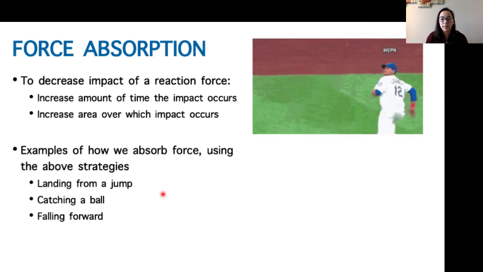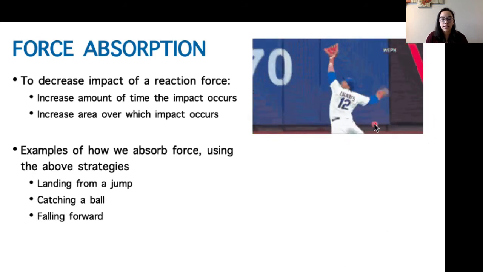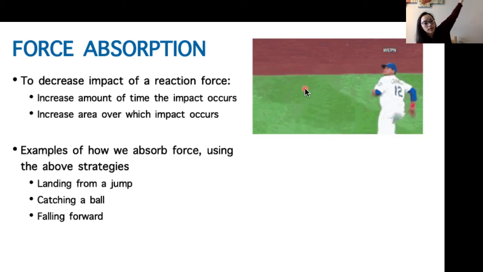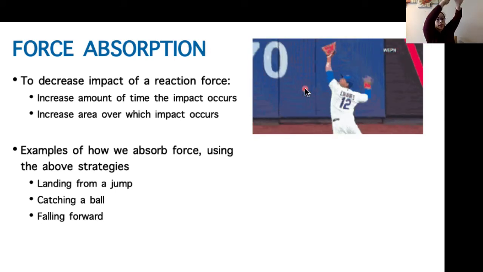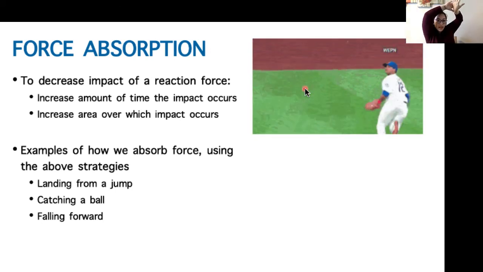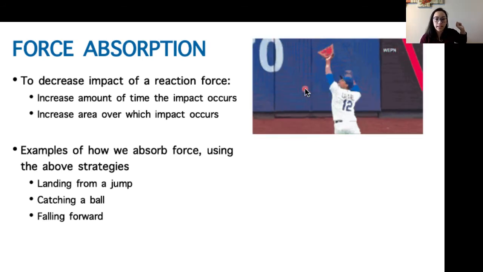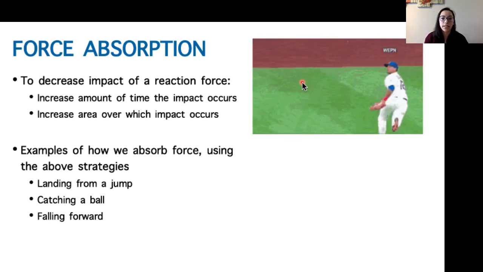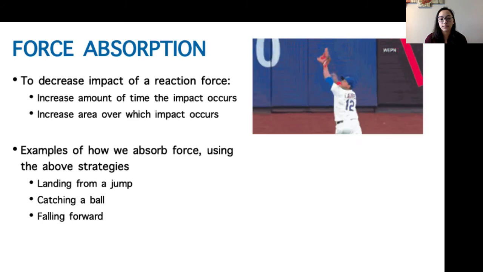We also have an example of catching a ball. She extends the elbow to catch, and as soon as the force gets applied to the glove, we flex the elbow in to increase the time over which the impact is occurring.